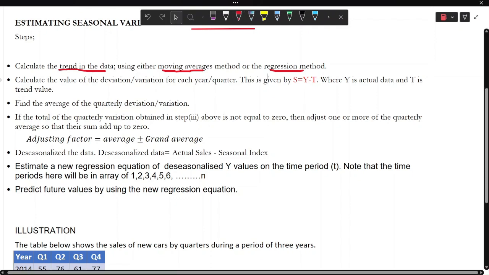Calculate the value of the deviation or the variation for each year or quarter.